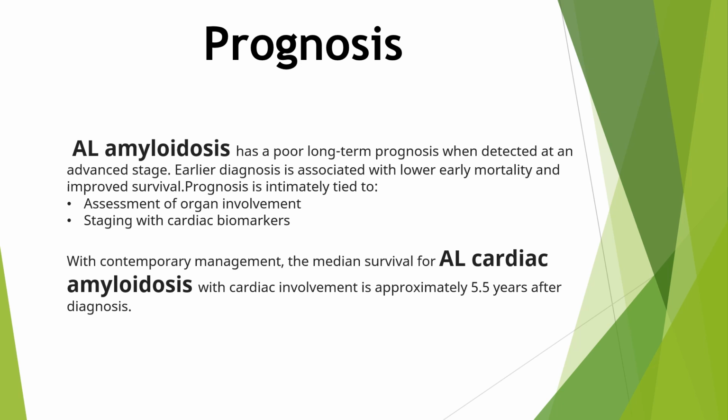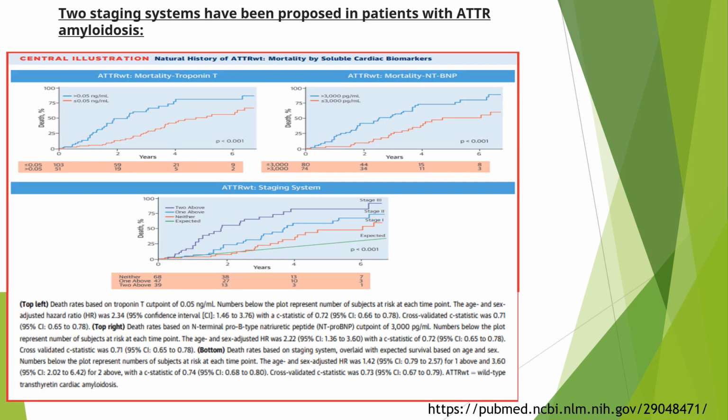There are 4 staging models, and the most important prognostic factors were cardiac troponin T and troponin I along with the BNPs, and then the assessment of the organs involved. The median survival for AL cardiac amyloidosis that we've seen so far is approximately 5.5 years after diagnosis.